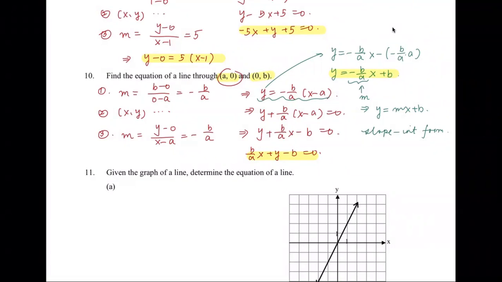So I'm trying to show you that in linear relation, all the forms, so this is the point slope form, right? We successfully changed the point slope form to standard form, right?